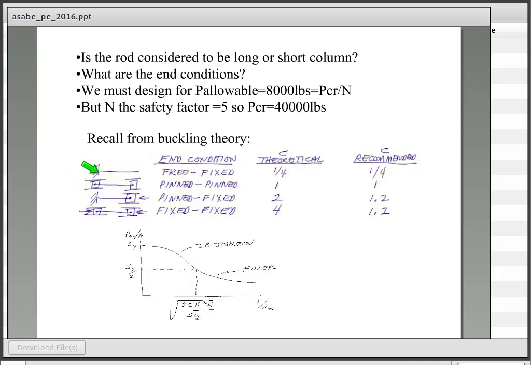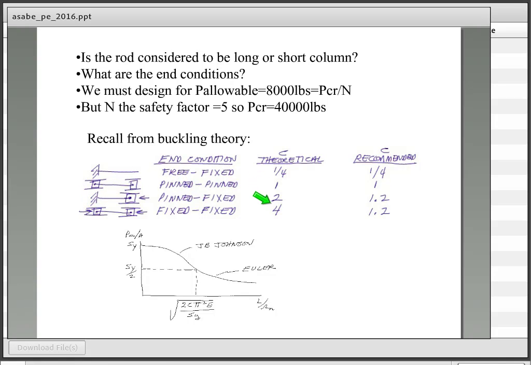You could have one end cantilevered and one end free. That'd be called free fixed. And we have a factor we call C, 1/4 in that case. Or if it's pinned, then we'd have C of 1.